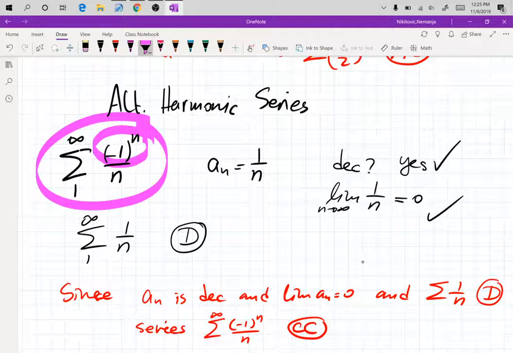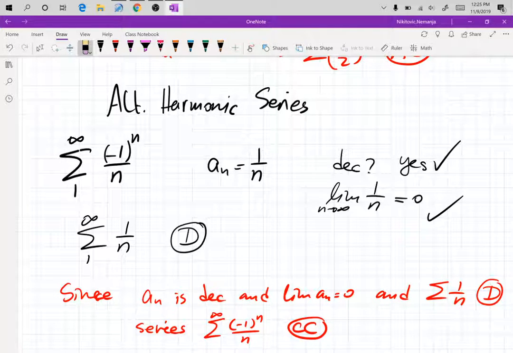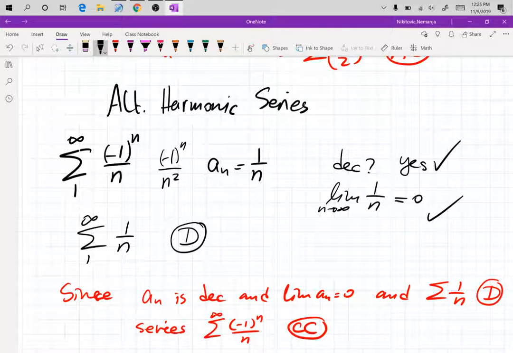Put that alternating piece in, it converges, right? But it's not just any convergence, because if you just have (-1)^n over n squared, well, that one you can't make diverge no matter what.